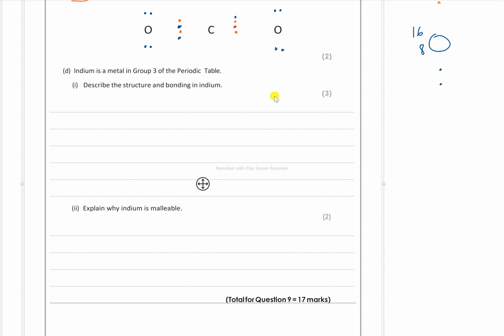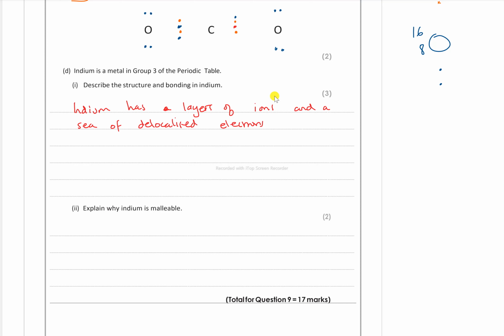So you can say that indium has layers of ions and a sea of delocalized electrons. That's the structure.